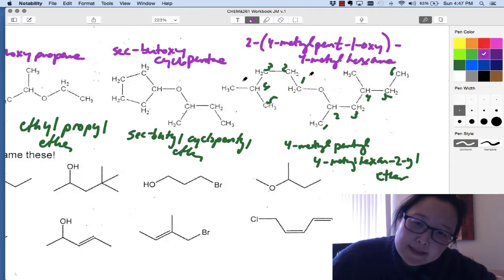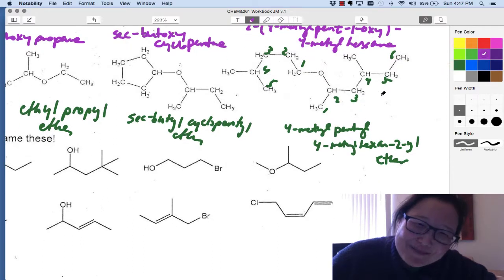And then this as an oxy group is going to be 4-methylpent-1-oxy, or pentoxy, 4-methylhexane. And that's at carbon 2 that this whole big branch is occurring. So I put a 2- complex branch because of this stupid methyl group over here. It makes it so much harder. But I didn't really mean stupid. Sorry, methyl, I didn't mean it.